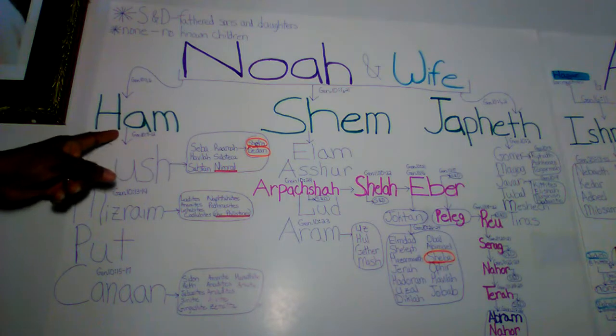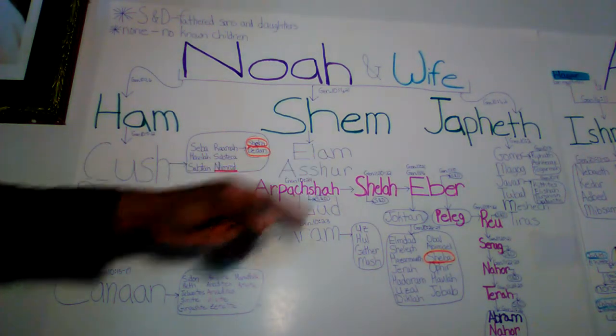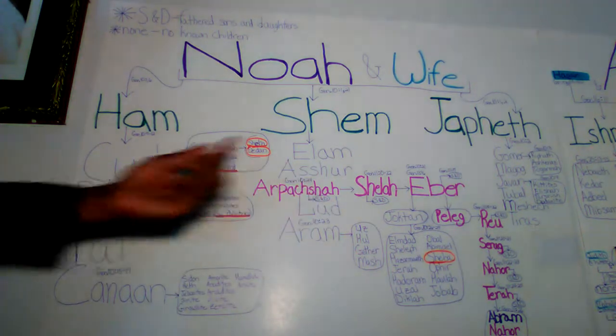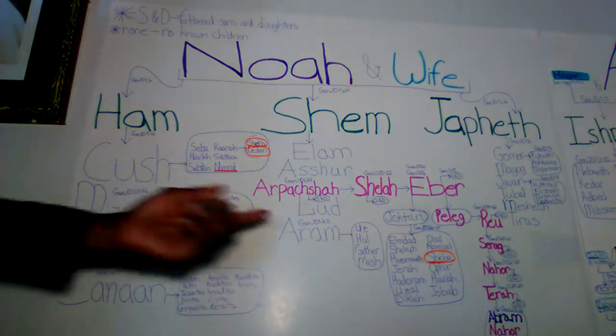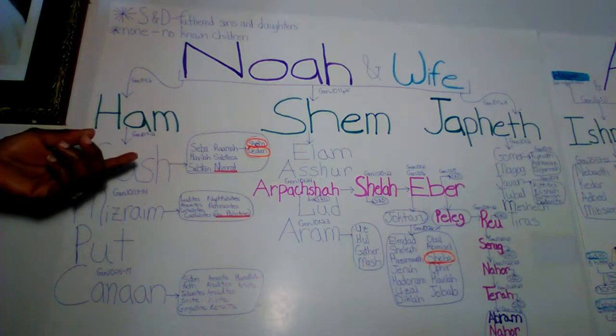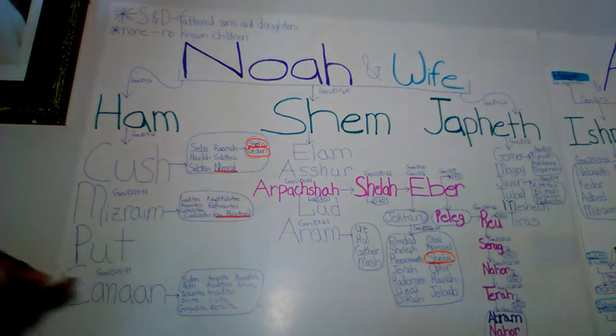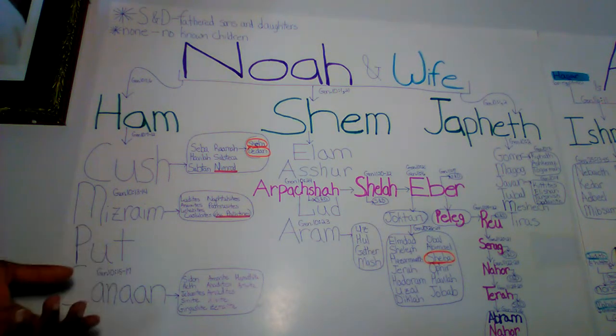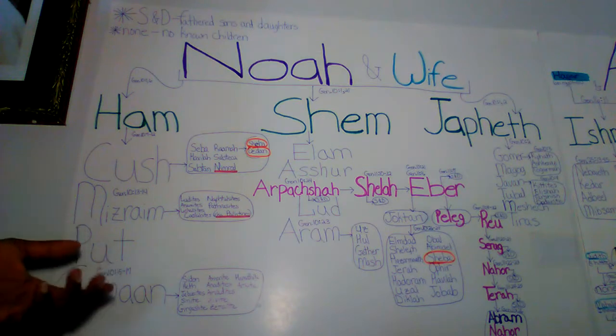You will see that the descendants of Ham and Shem dwelt among each other pretty often, and they kind of intermingled and intermarried with one another. Those are the most important groups that you'll see mentioned in the first books of the Bible, specifically in Genesis throughout the Torah, the first 5 books.